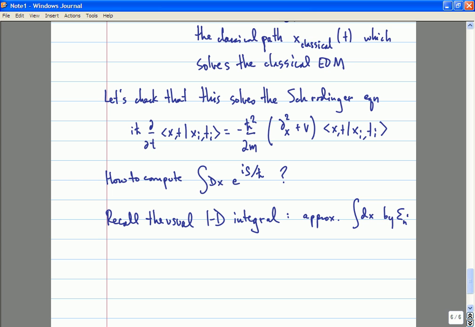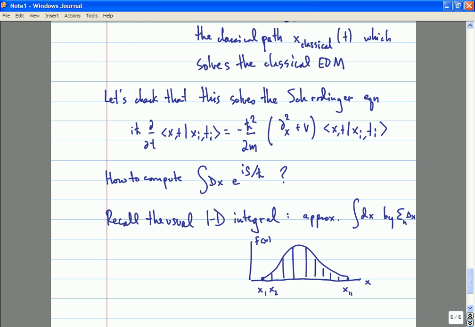Or to be a little more specific, let's imagine that you have some function f of x. What you do is you imagine approximating that function at a series of points, x1, x2, all the way up to xn.